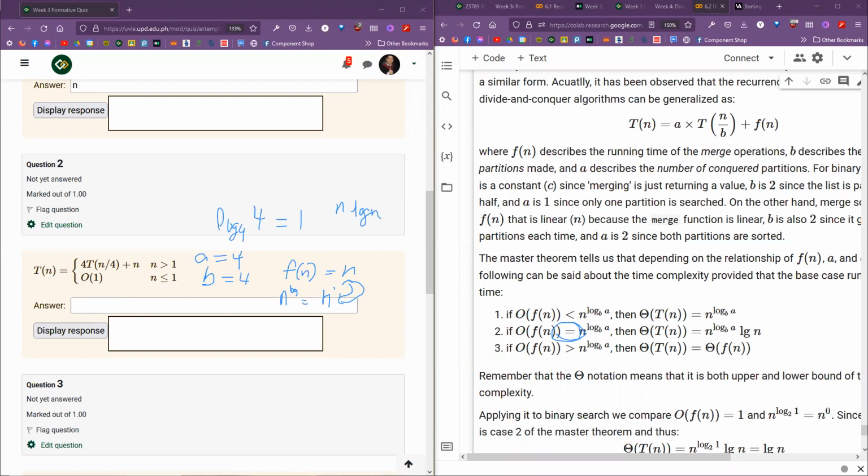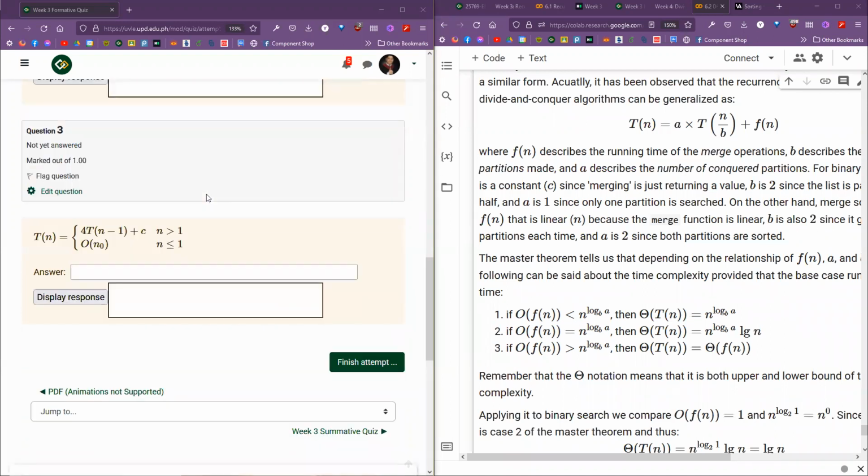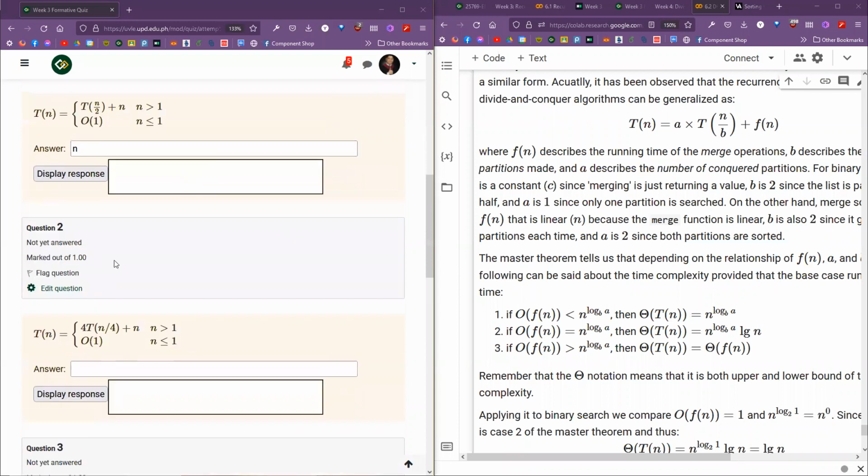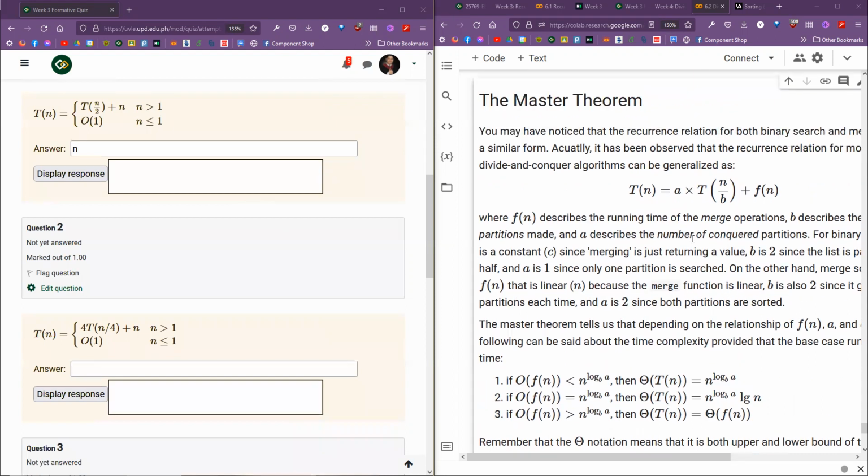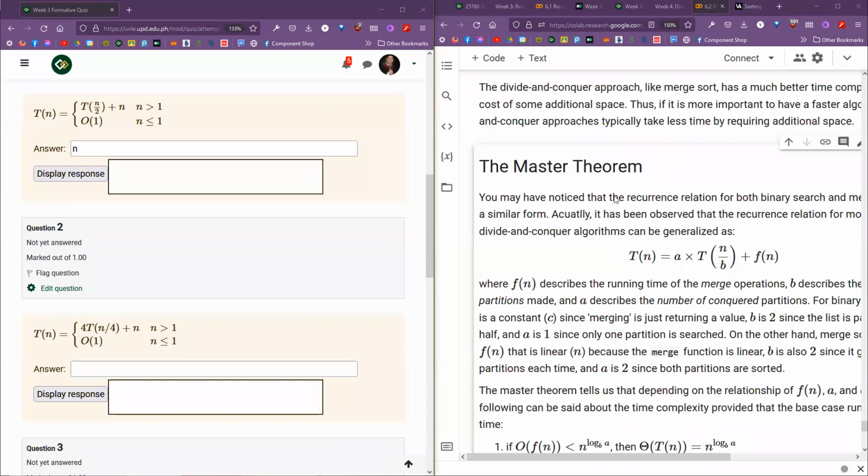So, ayun, if nag-a-advance kayo, gusto nyo sagutan to, merong mas madaling way, basically. So actually, there are total of 3 ways to simplify yung recurrence relation: yung substitution, recursion tree, and yung master theorem.